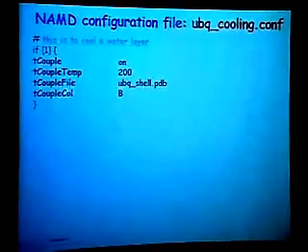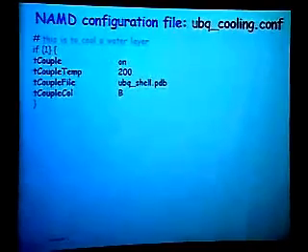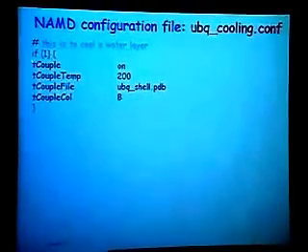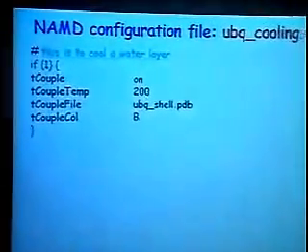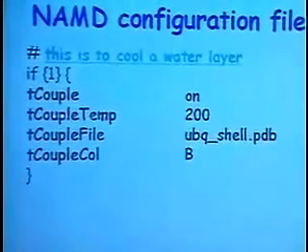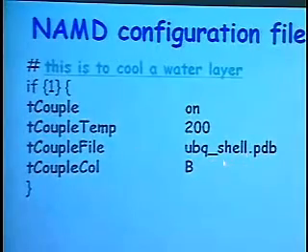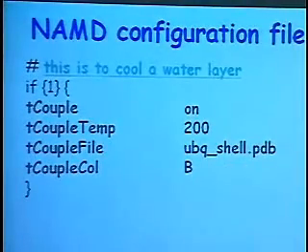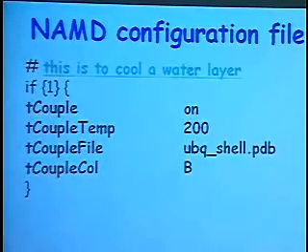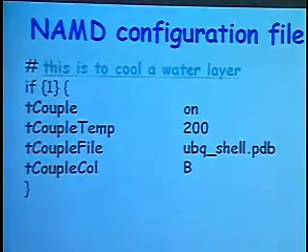And then you also have to specify what kind of temperature coupling you are having for these atoms. So you are setting this on, the coupling temperature is 200, and the temperature coupling file is given here. As you can see, you have to specify this boundary layer twice, making sure that you keep the temperature, coupling it to a heat bath of temperature 200 K, and at the same time, the atoms will stay in that particular shell for the rest of the simulation.